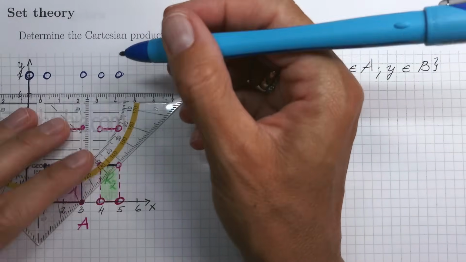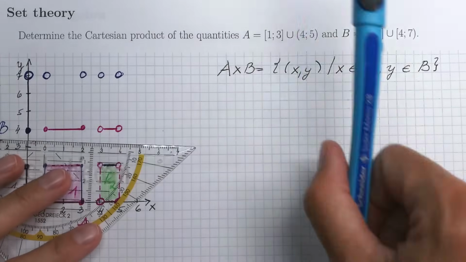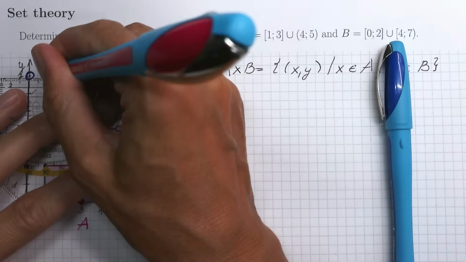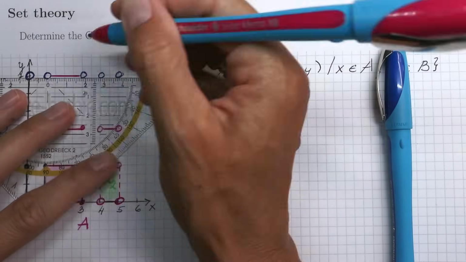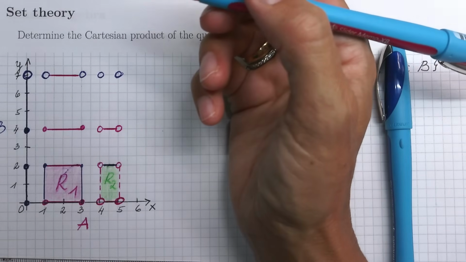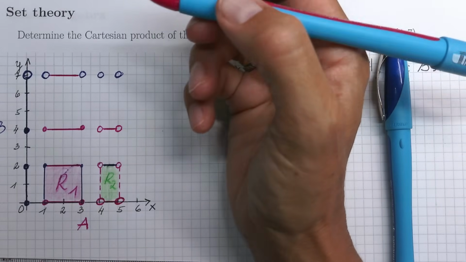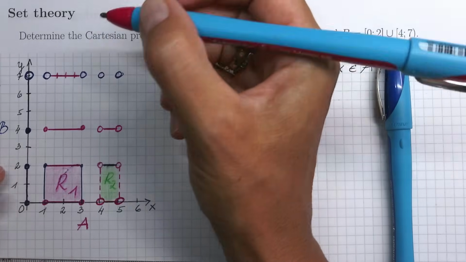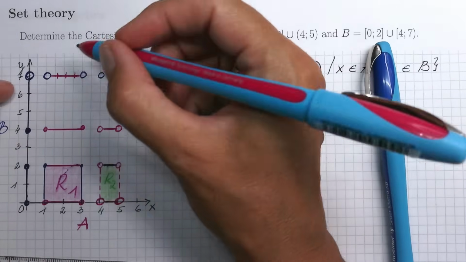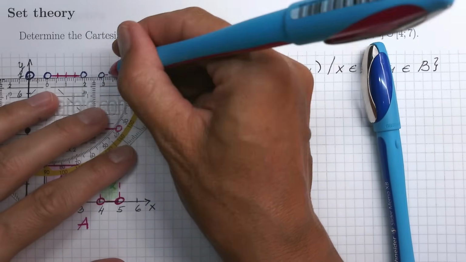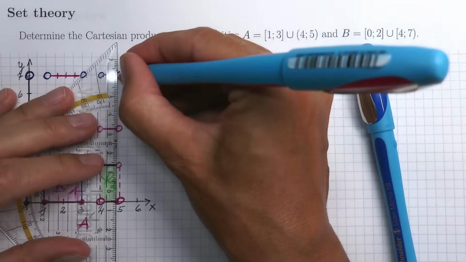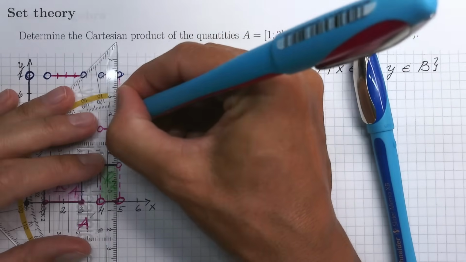And if we now draw the lines for A here, it's included. Of course, the top cannot be included because 7 is not included, and so we have this line here too. And here also the edges are not included.